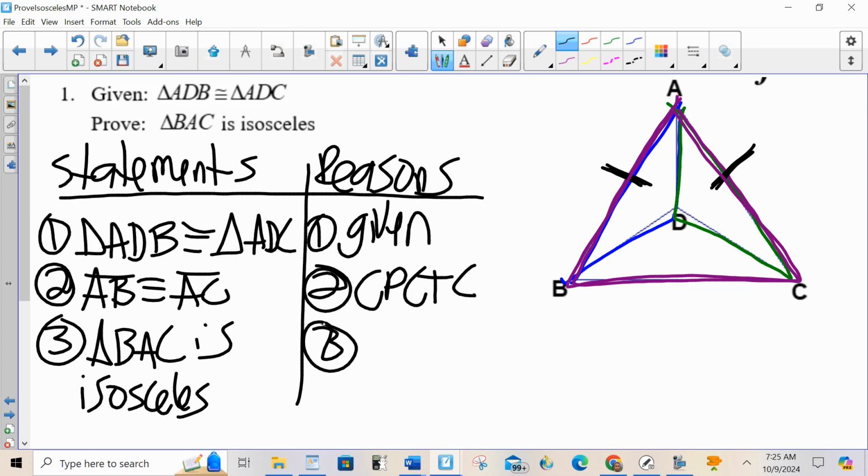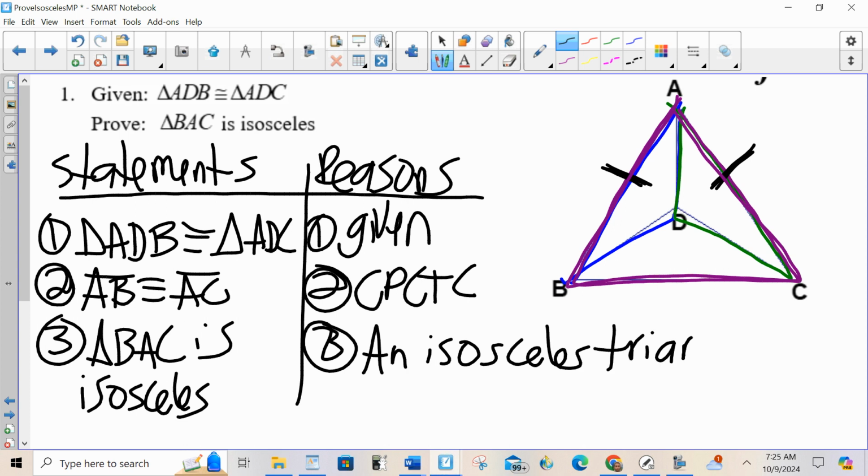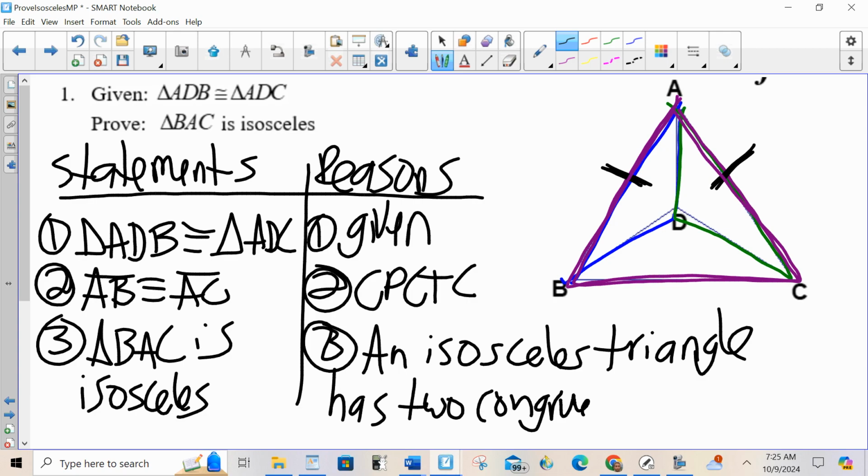Reason: an isosceles triangle has two congruent sides. If you use CPCTC to state that sides are congruent, then say an isosceles triangle has two congruent sides. If you use CPCTC to state that two angles are congruent, then say an isosceles triangle has two congruent angles. So let's do one more.